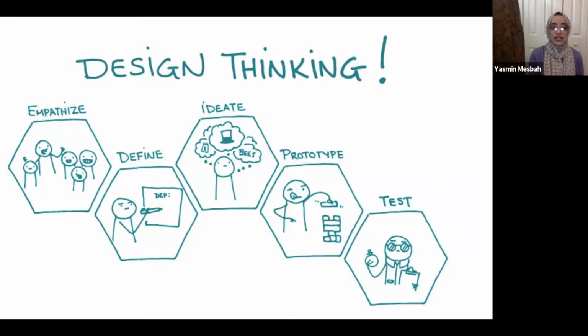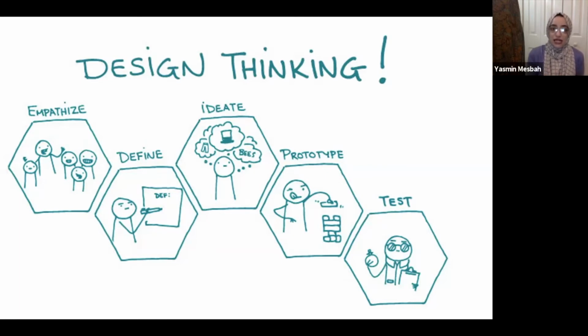So Dr. Conway explained that design thinking is all about people, right? There's a focus on people. You are designing for the end user. You're designing an experience for the end user. So in order for you to be able to effectively do that, you have to start with empathizing with that end user.